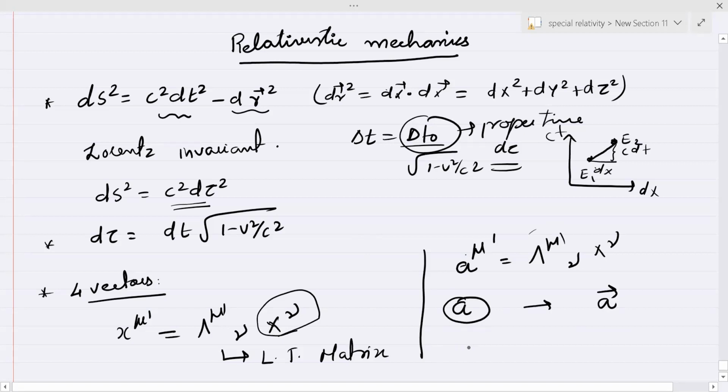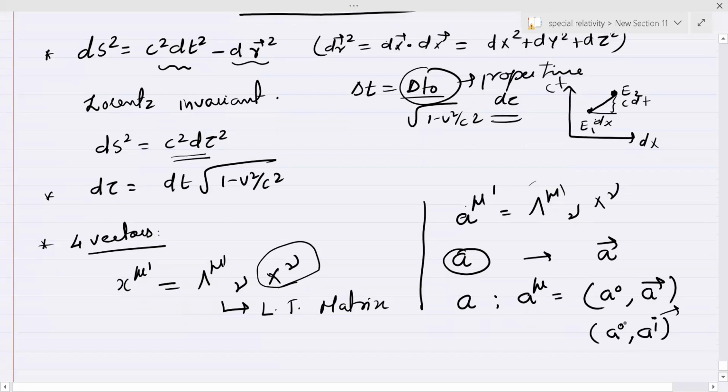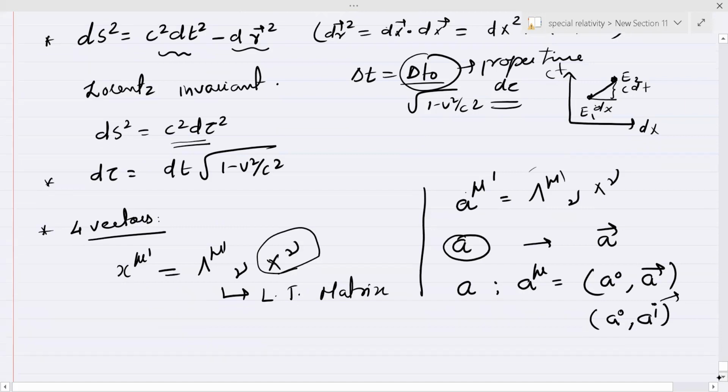And the components we write as a mu. There are 4 components, and these are a0 and a vector. This a vector is a short notation. You can write it also as a0 comma ai, where in our notation we use Latin indices only for the spatial part, not for the time part. Time part is always 0. Okay, so much we said.